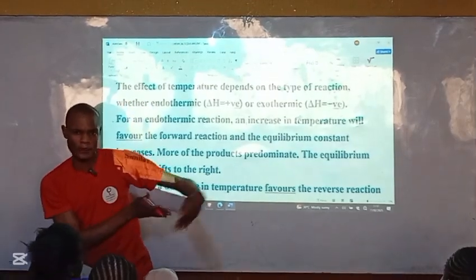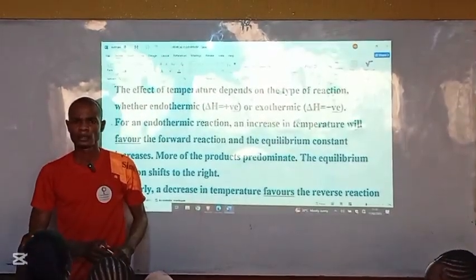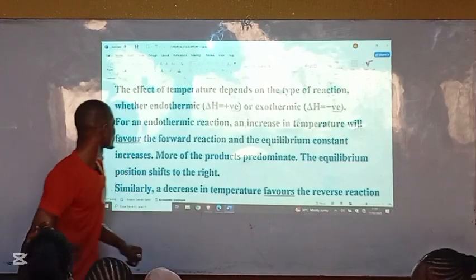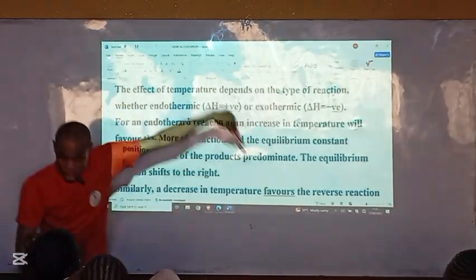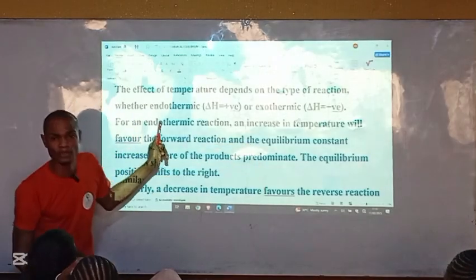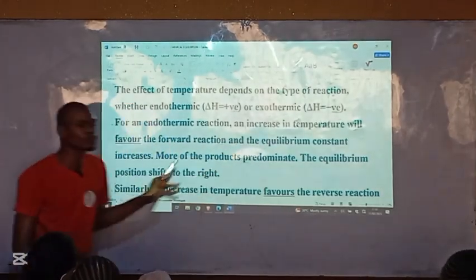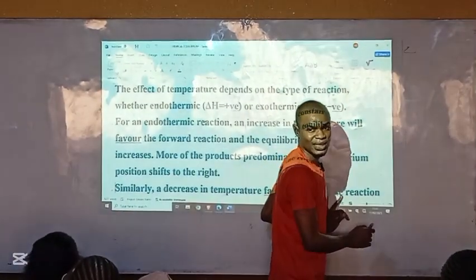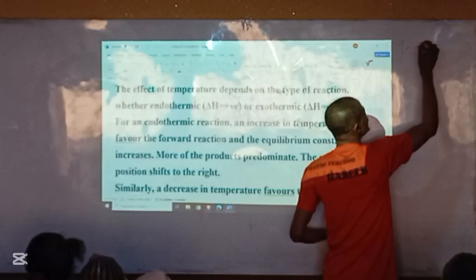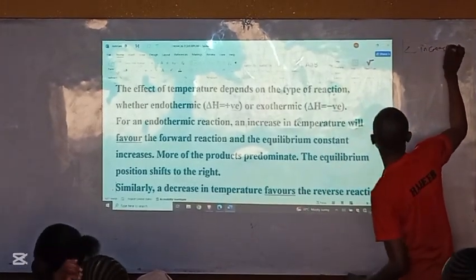Forward endothermic reaction, and the equilibrium constant will also increase. We use capital letter K to represent the equilibrium constant. It will increase. The equilibrium constant will increase.